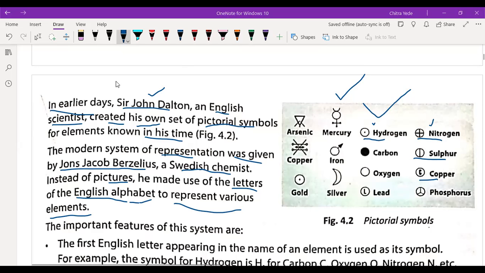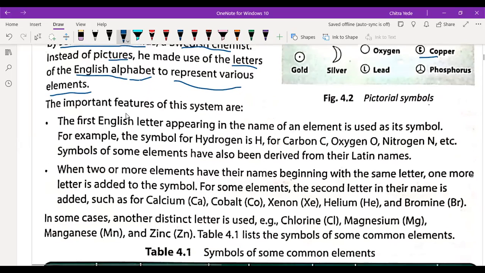Okay, we'll move further. The important feature of these systems is the first English letter. We are generally using the first English letter, or sometimes if letters are repeated, then we use the first letter along with the second letter, which is again in small form. If we are using only one letter, it is capital.